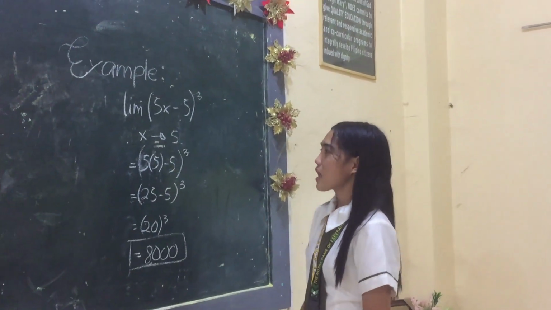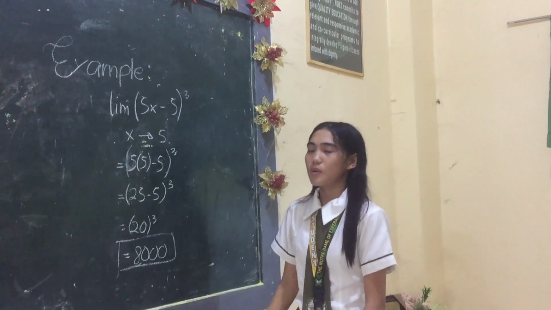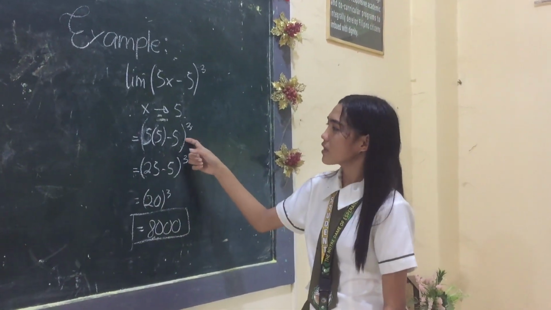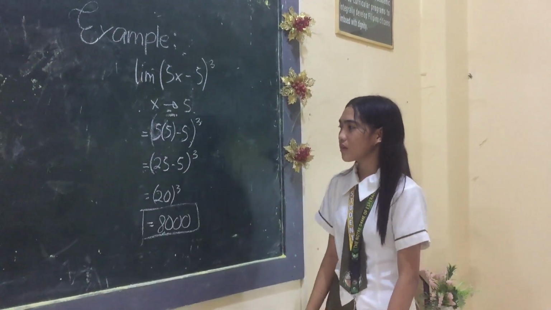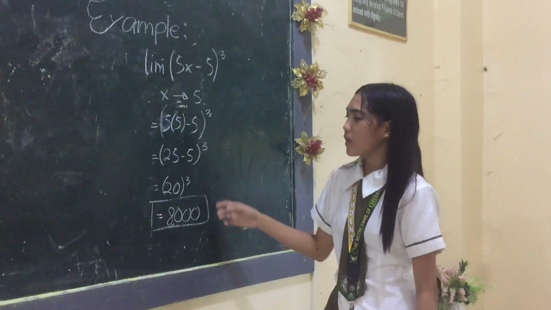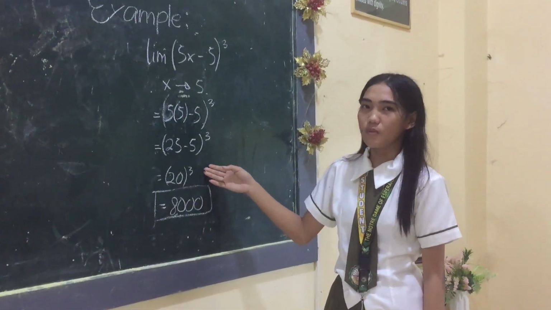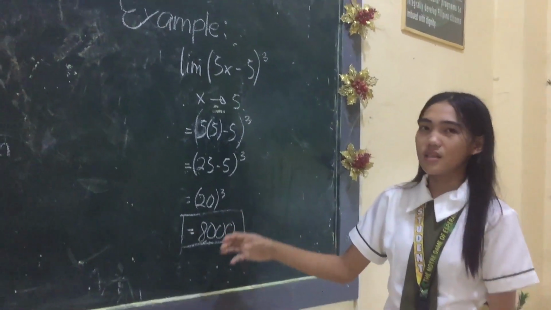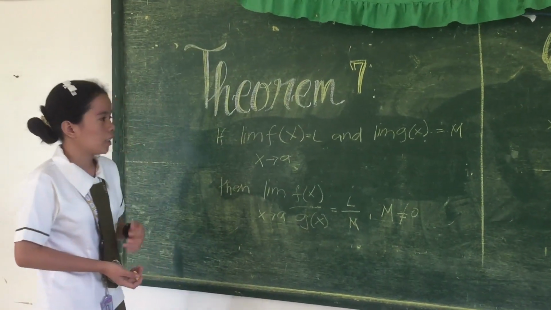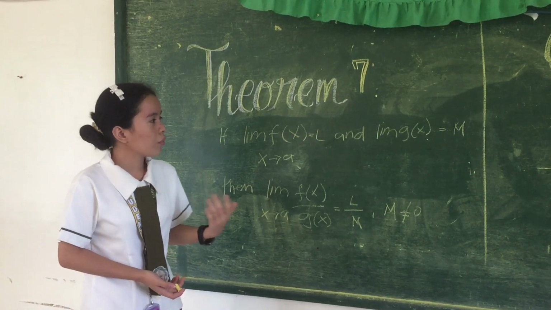After that, we substitute the 5 for x. It will become 5 times 5, which is equal to 25, and copy the negative 5 and raise to the 3. And to get the final answer, let's multiply: 20 raised to the power of 3, and the final answer is 8,000.